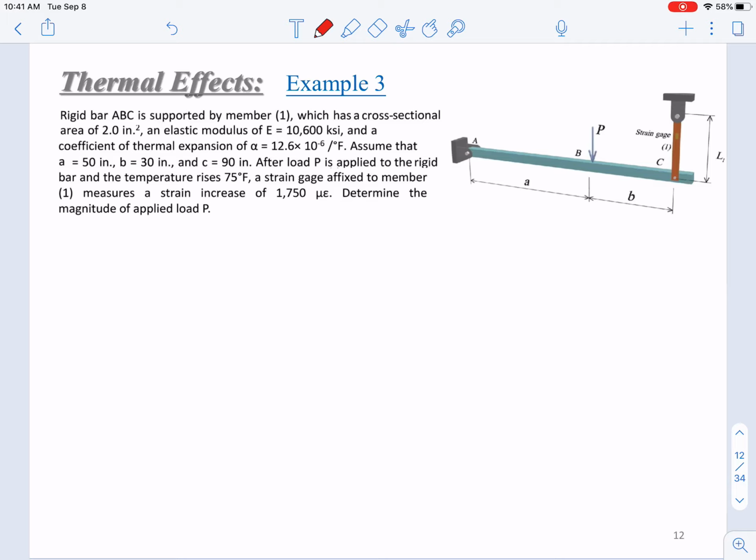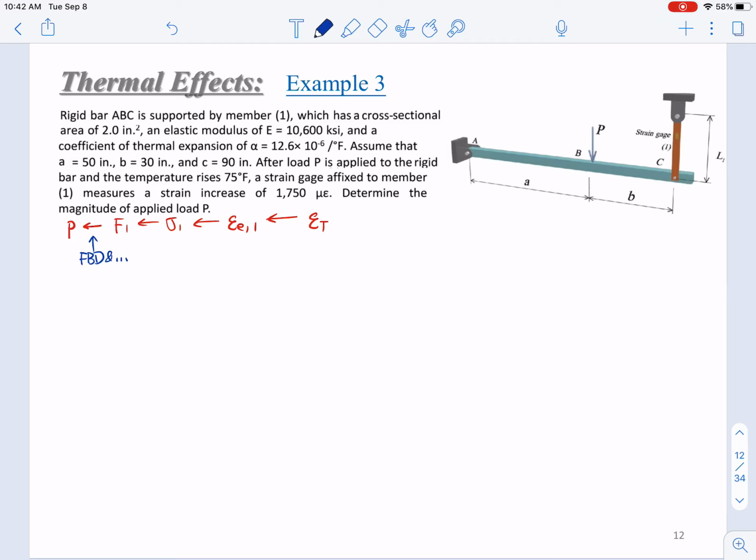Again, let's review it. To solve P, we need to know F1. Then we need to know sigma 1, then epsilon E1 and epsilon T, right? In the first step, we just need to use the free body diagram and equilibrium equation.